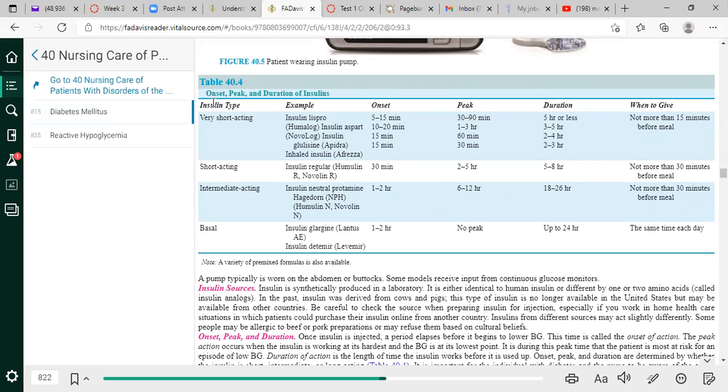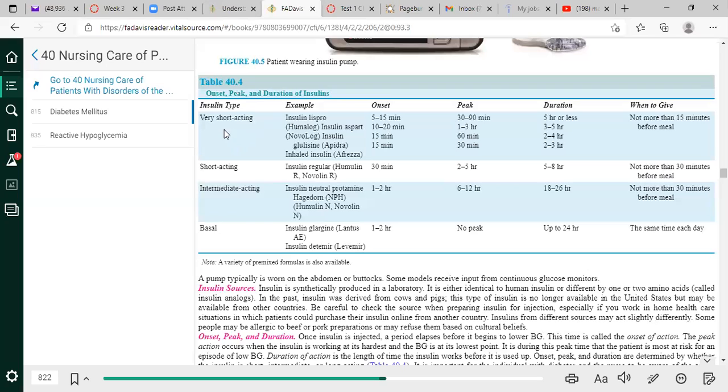How long before it starts kicking in? Peak is when it is going to be most effective, or when it is really going to show some results. And the duration is how long it lasts in the body.